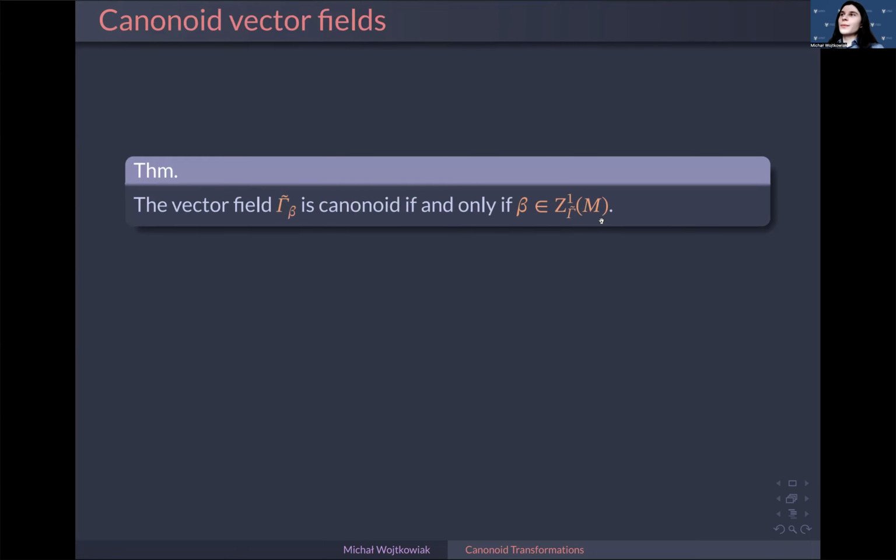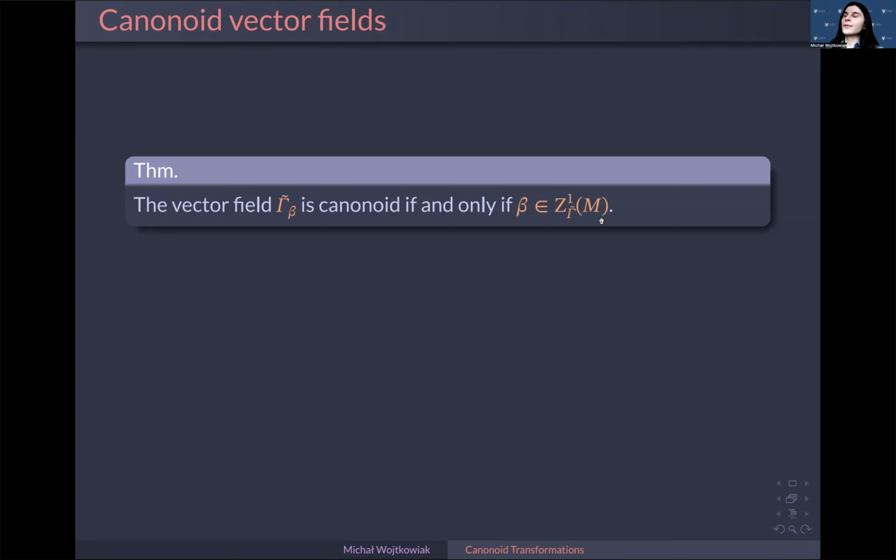And perhaps a more interesting example of a theorem that classifies canonoid transformations is that the gamma closed one forms classify canonoid transformations pretty much exactly. So if a one form is closed in that twisted cohomology, then its locally Hamiltonian vector field is a canonoid vector field.